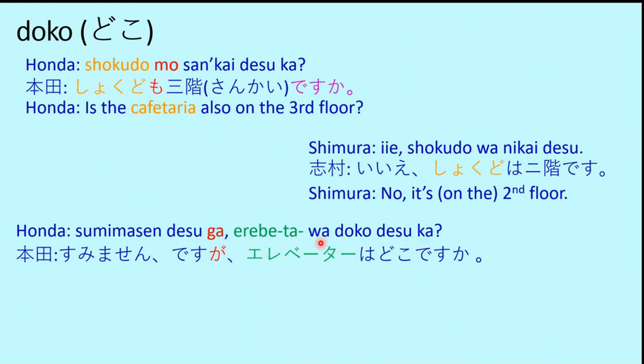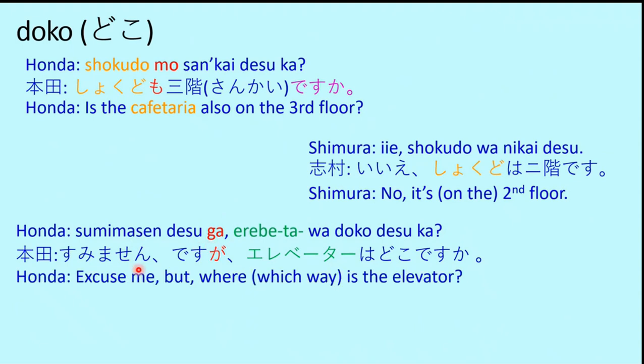Erebeta wa doko desu ka? This is again the same question, where is the elevator, but it is preceded with sumimasen desu ga, excuse me, but where is the elevator? Shimura-san replies asoko desu. Asoko means over there. That means the elevator is away from both Shimura-san and Honda-san.